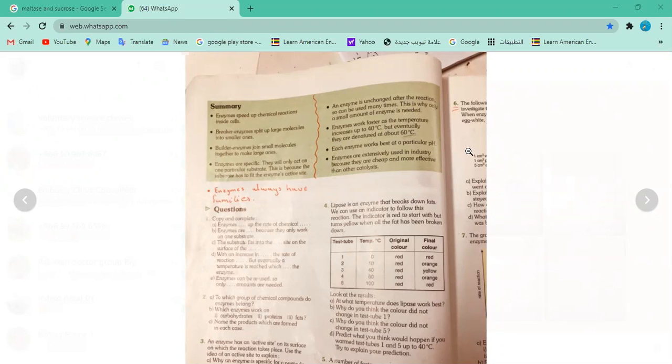Okay, name the products, part C. Who is going to read that? Yes, Sabiha? Part C: name the products that are formed in each case. Yeah, go ahead. Carbohydrates break down and turn into sugar. Okay, starch into sugar.